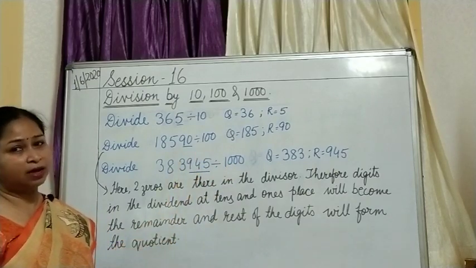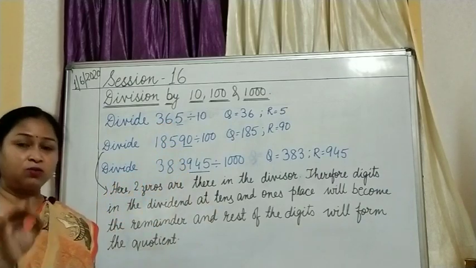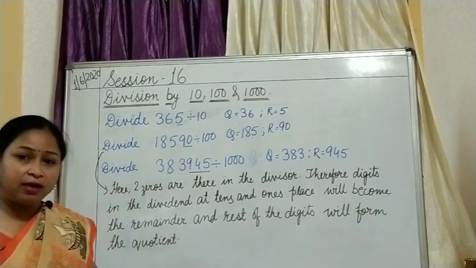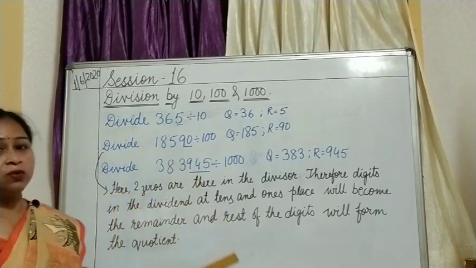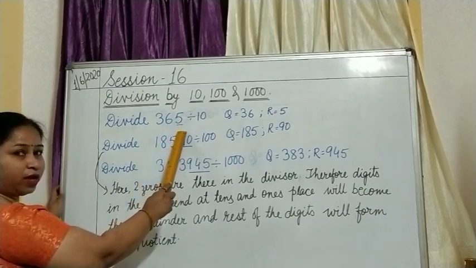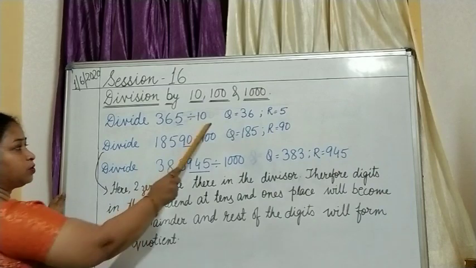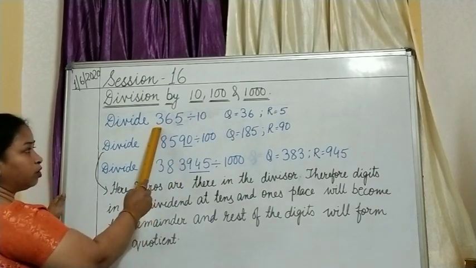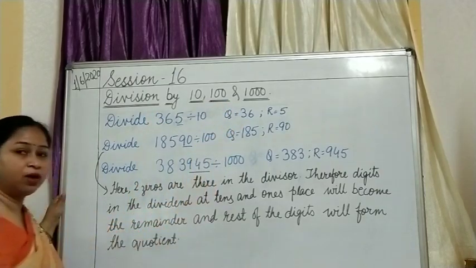Of course, last 3 digits. The digits which we are underlining become our remainder, and the leftover numbers will become our quotient. As in this case, we have underlined 5, so 5 is the remainder. And why have we underlined 5? Because we have 1 zero over here. What about these left out numbers? 36. So 36 becomes our quotient.